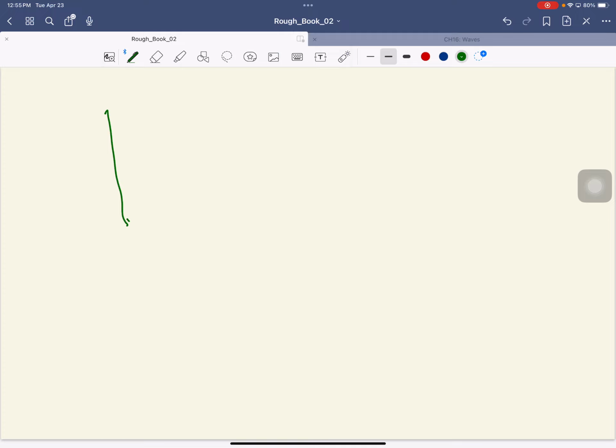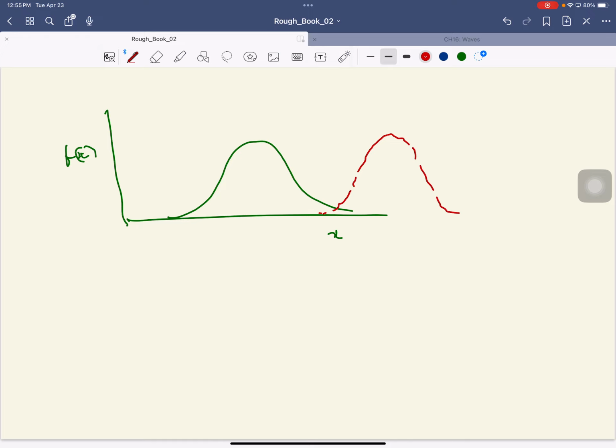Let's say I have a function f of x. Now, let's say I want to shift this to the right by a distance d. How do I do that? Yep, this is f of x minus d.